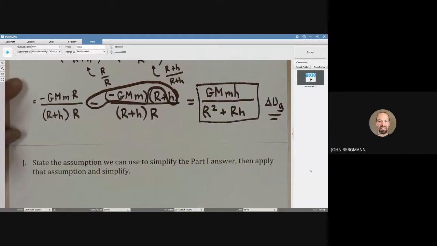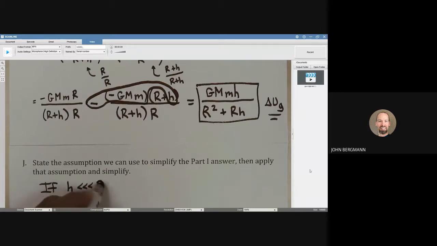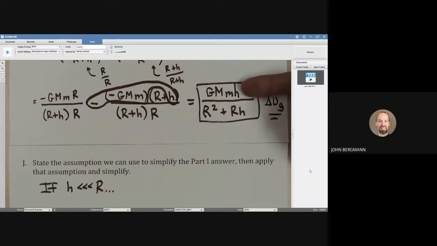What assumption can we use to simplify this answer and then apply that assumption? The assumption is, if we're close to the Earth, H is much, much, much tinier than big R. And if H is much tinier than big R, we can't do anything with the numerator because little h is multiplied by everything.